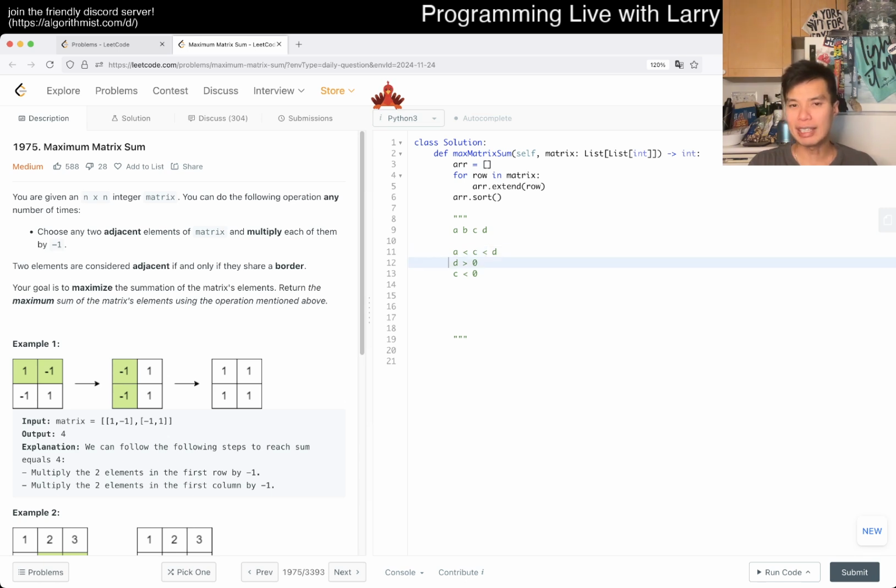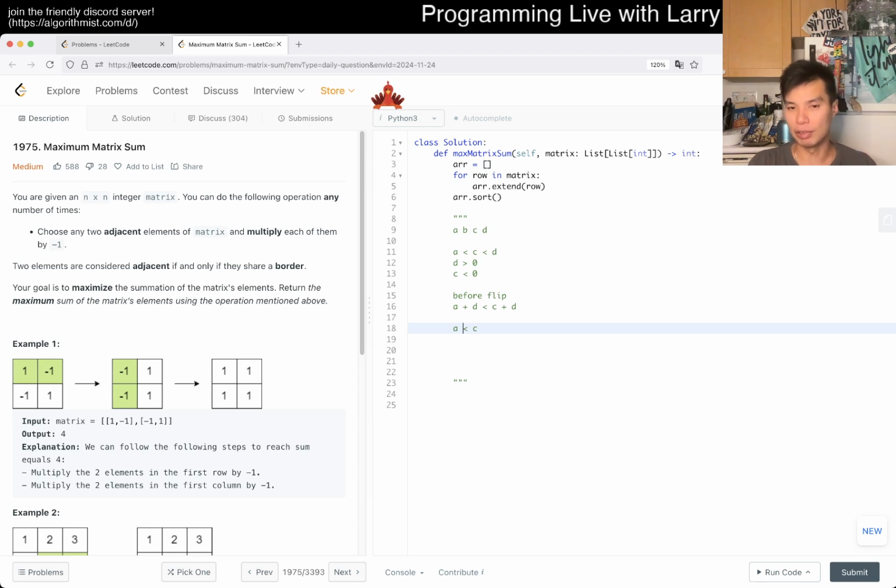But okay, so then now the question is, before the exchange argument, the A plus D is going to be less than A plus C, right? So before the flip, right? We know this because A is less than C, right? So we just add D on both sides, and D being a positive number, but it doesn't matter, right?